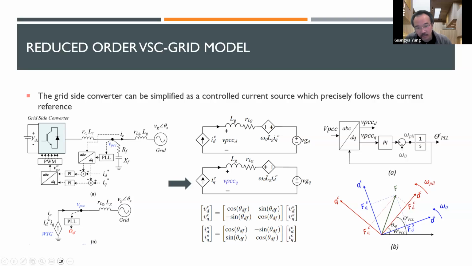We call it delta theta here. Then you can do this mapping between the grid side and converter side values in the DQ axis based on this phasor diagram, and you can also establish the equations for the DQ axis. We are typically interested in the Q axis, because the Q axis is where the PLL is tracking. So the Q axis circuit is used for the analysis.